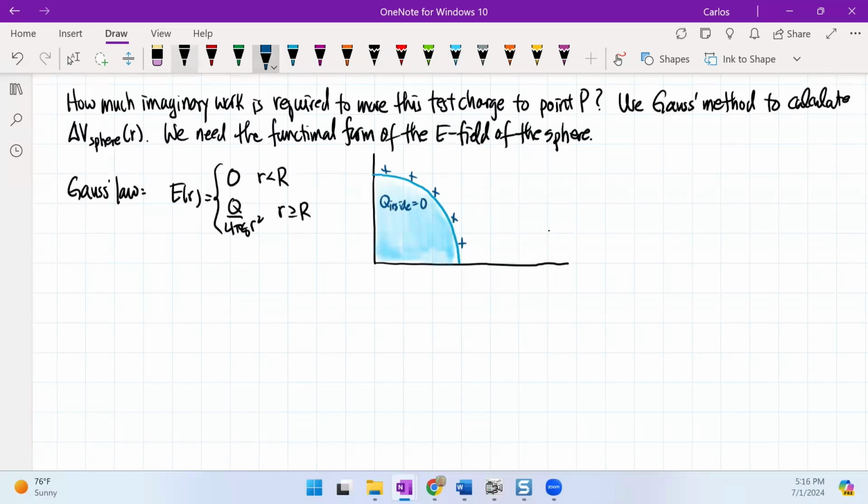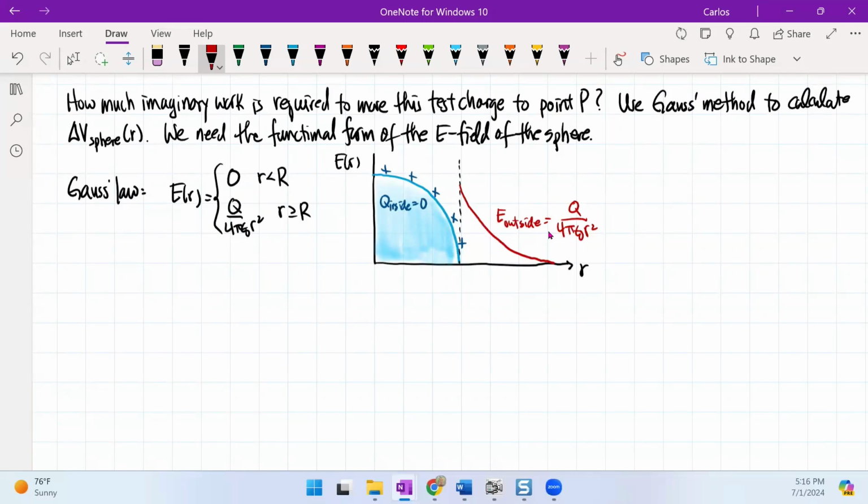Now if I plot my electric field here, and let's say that this is E of R, and this is my R here, I would expect a field that falls off as the electric field outside, which is Q over 4 pi epsilon R squared.